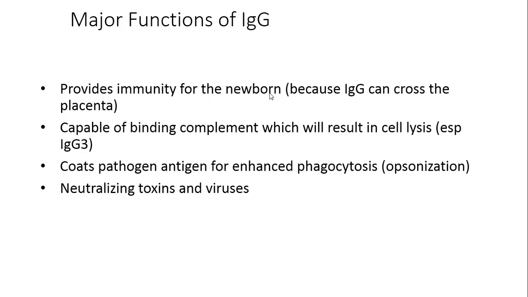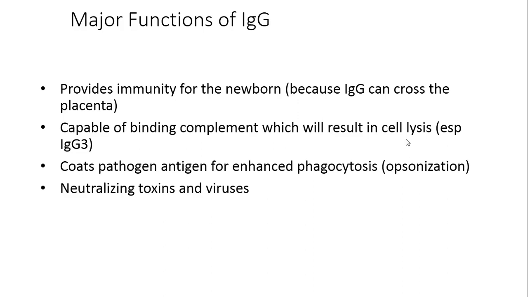We talked before about how it can bind complement, which is a process where particles like bacteria, or actually any pathogen that has an antigen IgG can bind to, will trigger an immune response called complement. We're going to spend an entire chapter on complement, so I'm not spending a lot of time on it, but the goal of complement is cell lysis. We're looking to kill whatever that pathogen is.